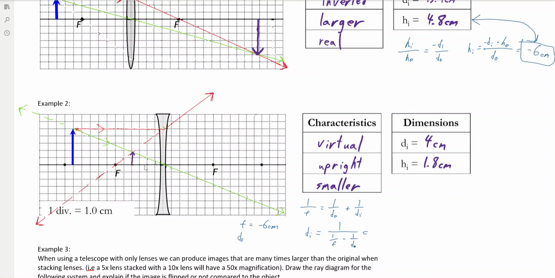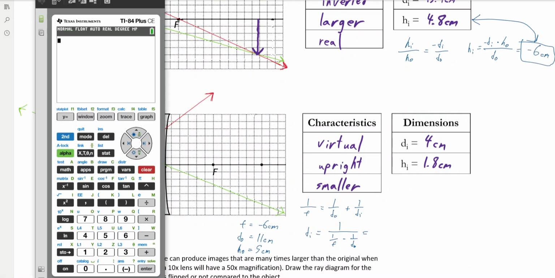The distance to the object is 11 centimeters. And the height of the object, which we'll use later, is 5 centimeters. And that's just counting the number of squares.